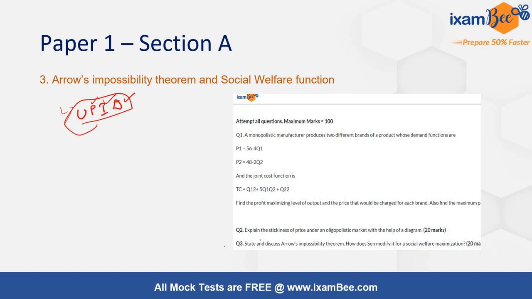We had also asked you a similar question on this in the phase 2 mock test. Whenever there is an Arrow's impossibility theorem question, how you relate it with the social welfare function and what the modification of the same is, all these are tested around it.